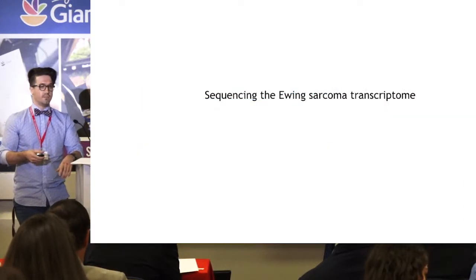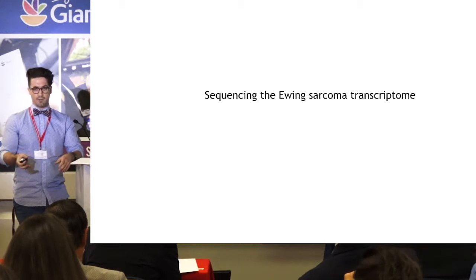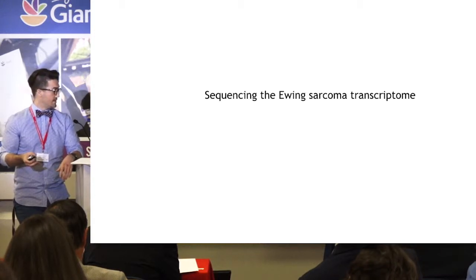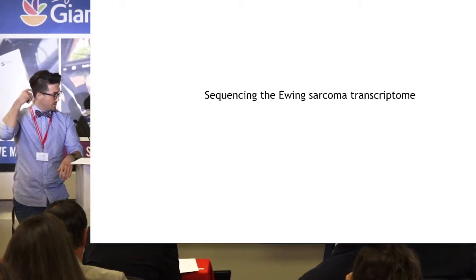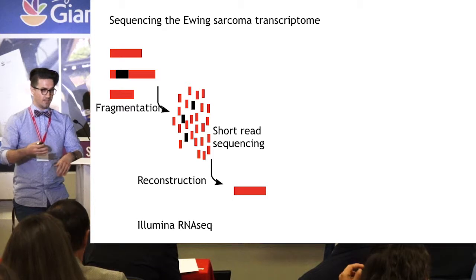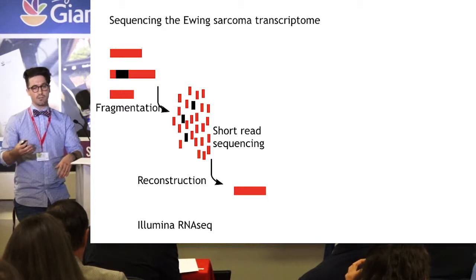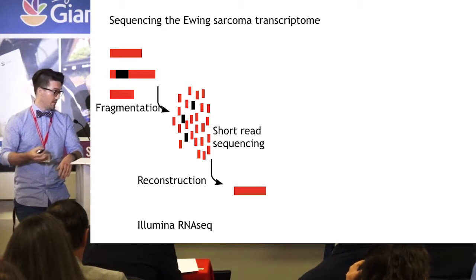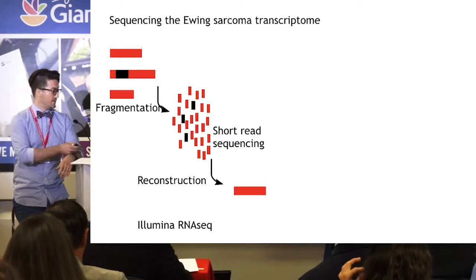What we wanted to do next was look at the entirety of the transcriptome. RNA-seq itself doesn't do the best job at producing a complete transcriptome because you have fragmentation and you go through the reconstruction process. De novo reconstruction can be a little dodgy.